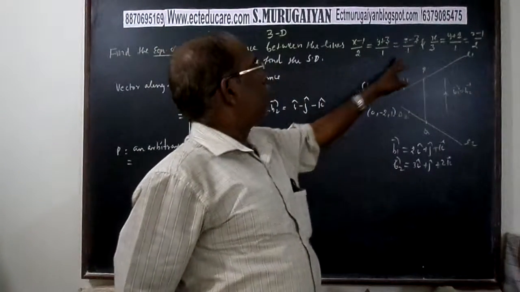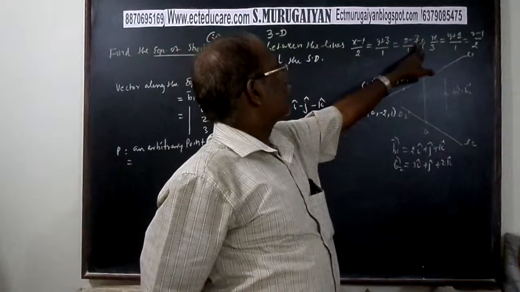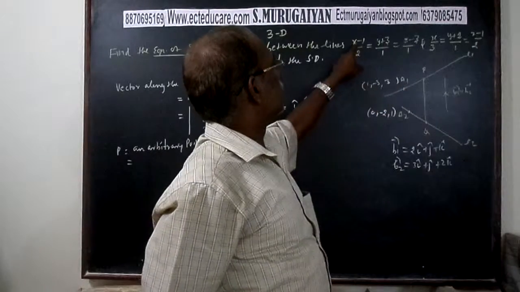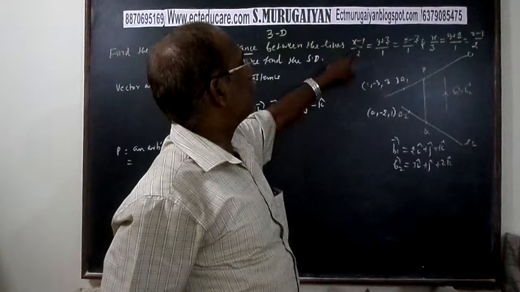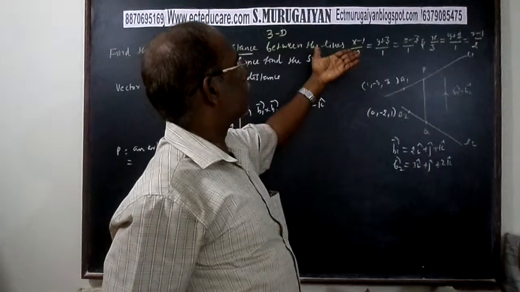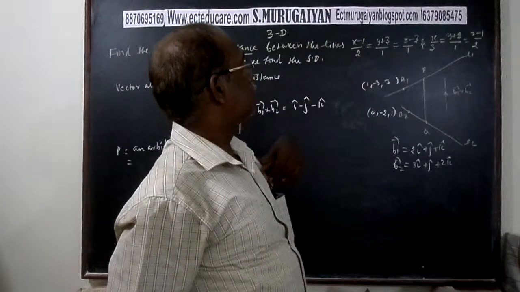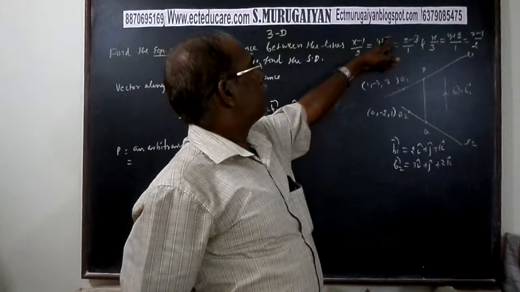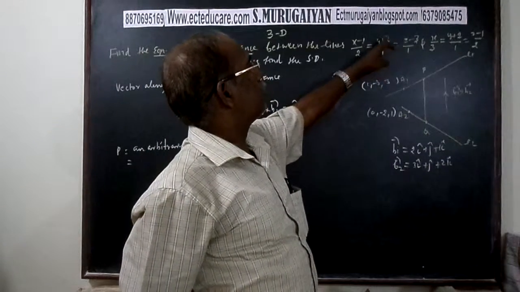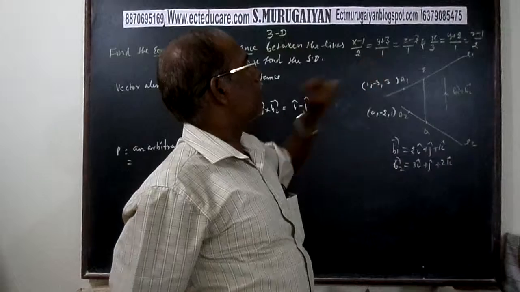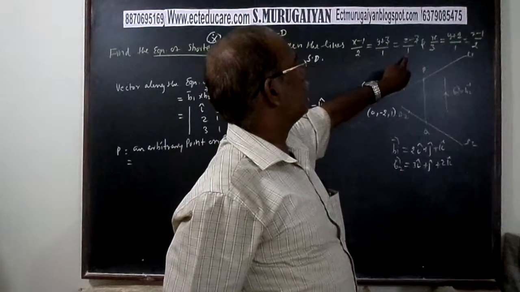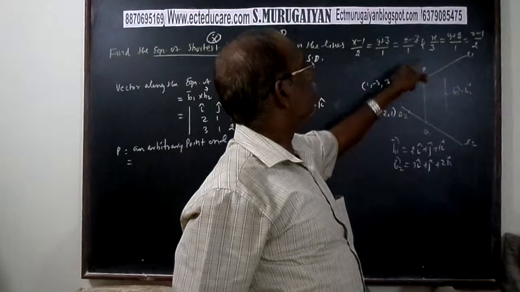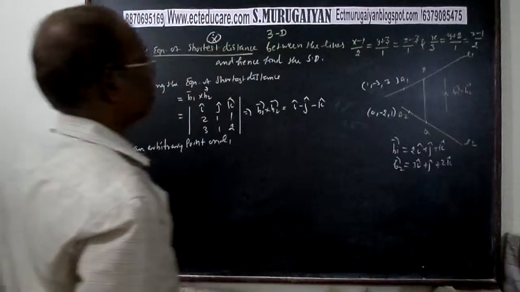For the first line we can introduce a constant ratio lambda. x minus 1 is proportional to 2, which means x minus 1 equals 2 lambda. y plus 3 is proportional to 1, which means y plus 3 equals lambda. z minus 3 is proportional to 1, which means z minus 3 equals lambda.